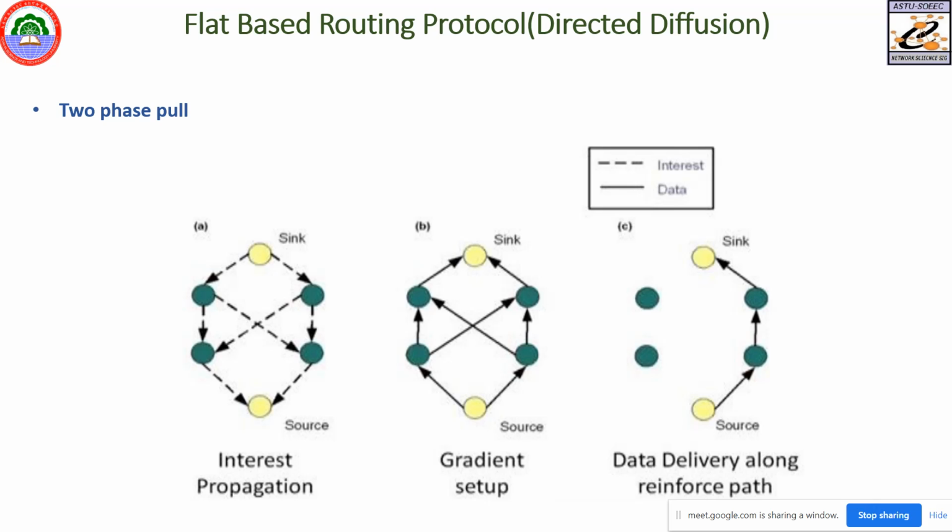So, the third category of directed diffusion is called push-based diffusion. It is almost the same thing, but we use it for applications where the nodes are generating the data continuously at regular intervals.